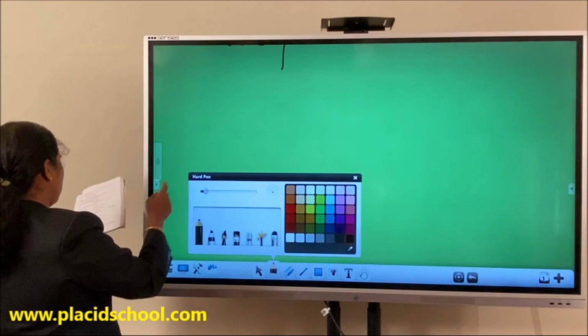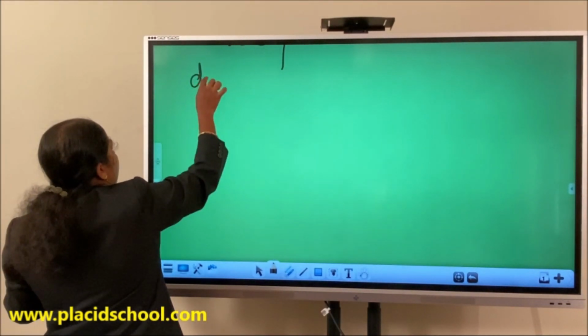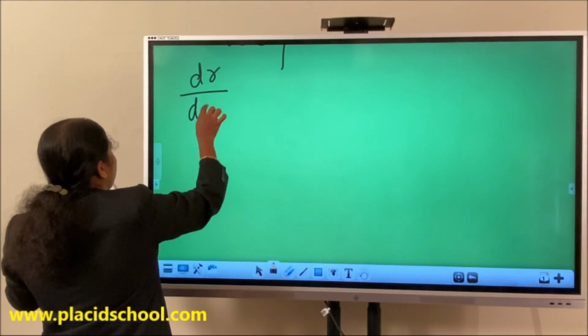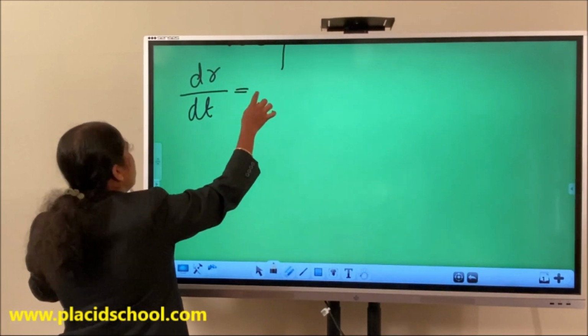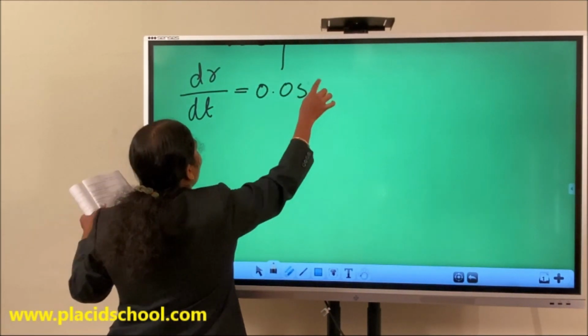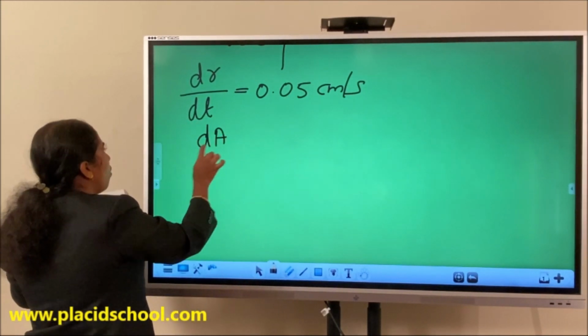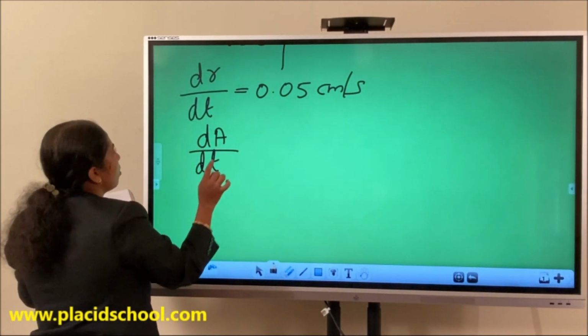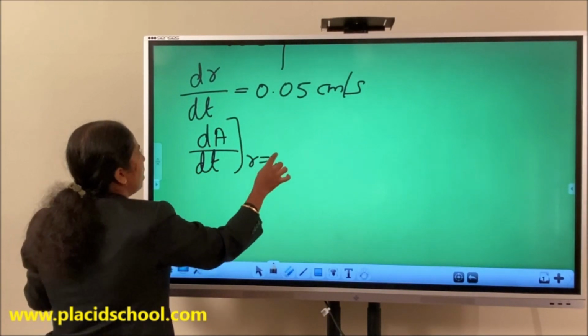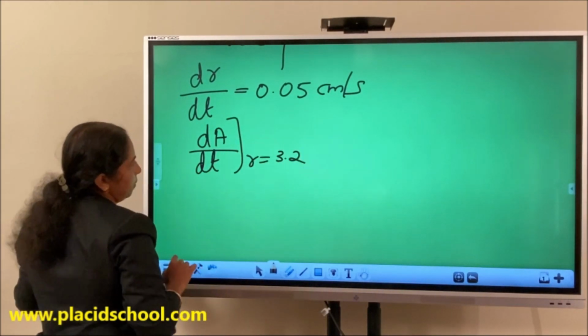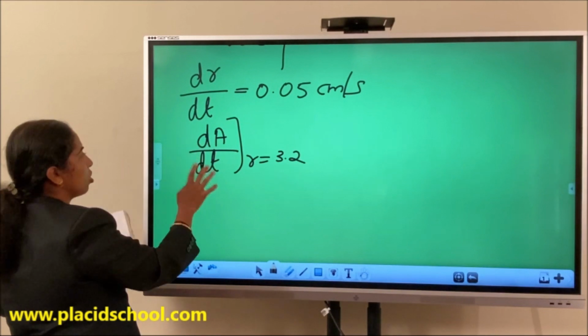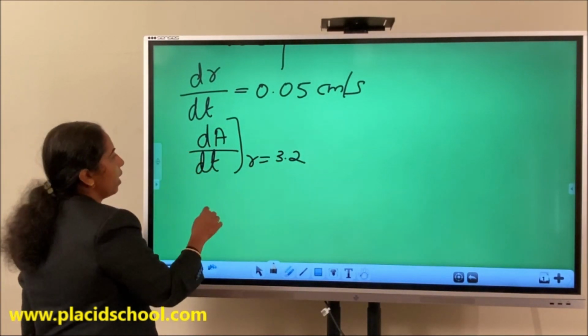As per the question, we are given that rate of change of radius with respect to time is 0.05 centimeter per second. We need to find rate of change of area with respect to time when radius is 3.2 centimeter. So it is a circular disc. We know that area is pi r square.